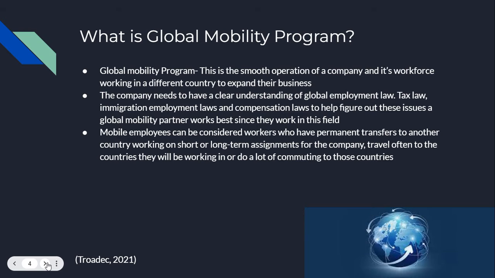The mobile employees can be considered workers who have permanent transfers to another country, working on short-term or long-term assignments for the company. They travel often to the countries they will be working in or do a lot of commuting to those countries so they know what to expect when they have to work on their assignment in a different country.